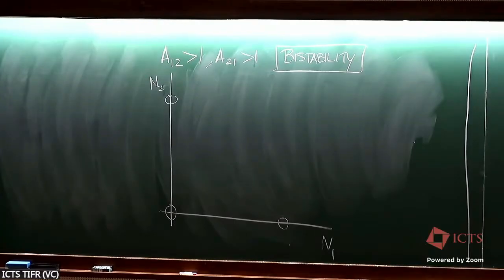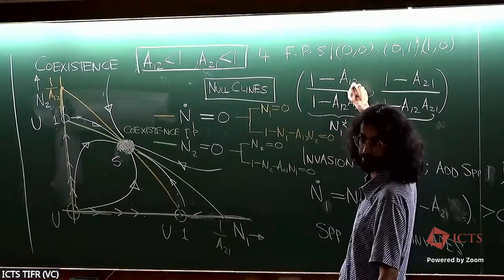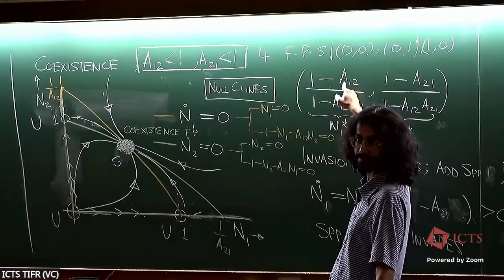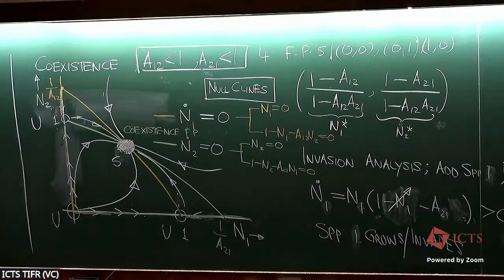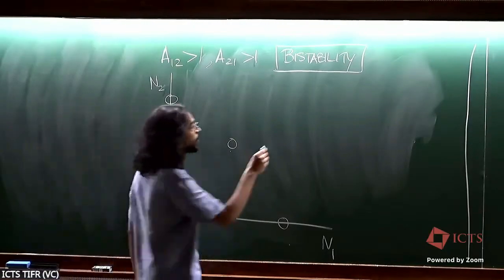Okay, most of us think it's feasible. And why is that? 1 minus A12 is negative, but 1 minus A12 A21 is also negative. Negative over negative is positive, same thing here. So it's a feasible fixed point, right? So it lies somewhere here in this first quadrant. So 4 feasible fixed points.